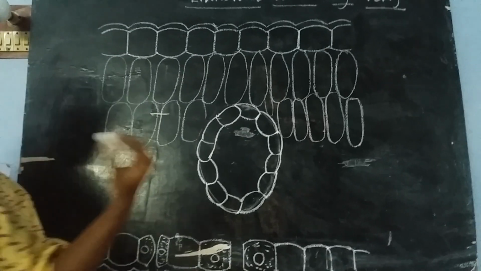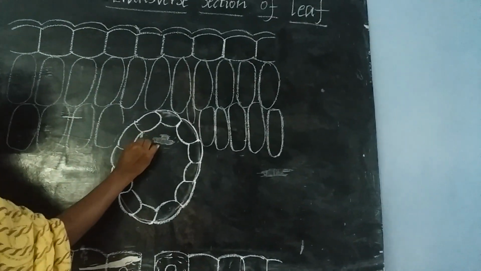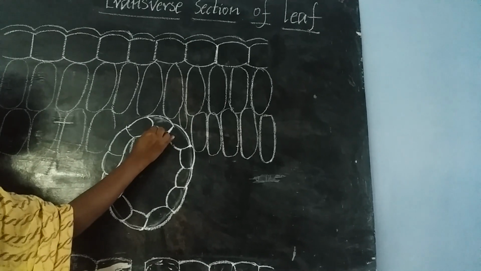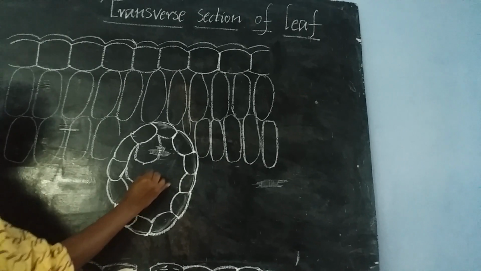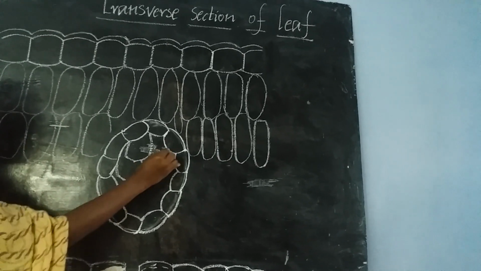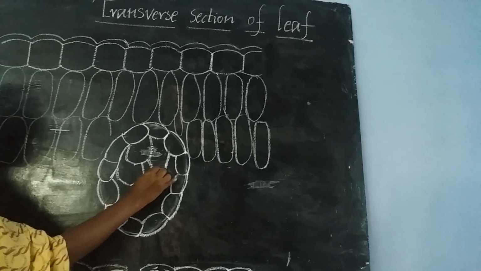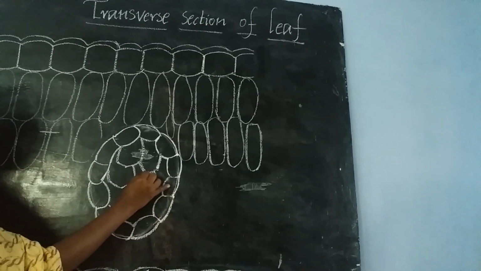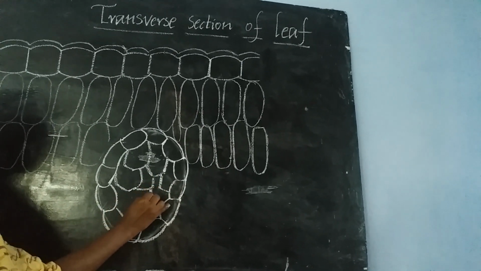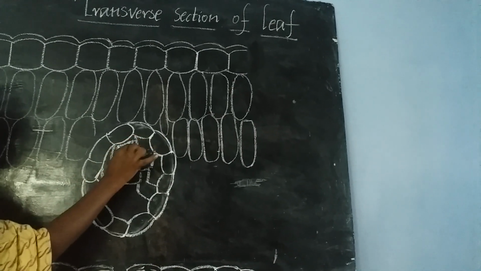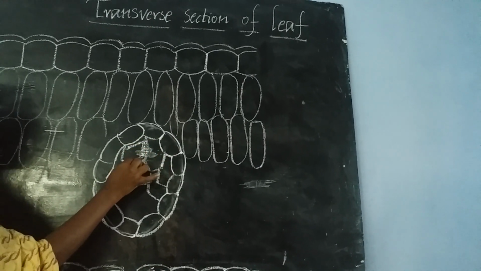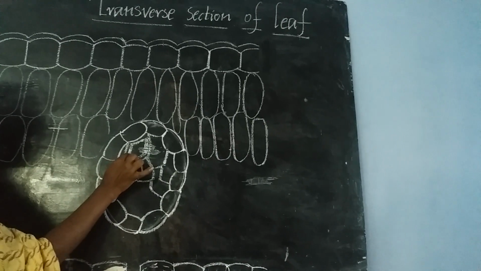Now I am drawing xylem. Xylem and phloem: the upper part, the thing I am drawing, is xylem, and we have to thicken this with a little gap from the outline.